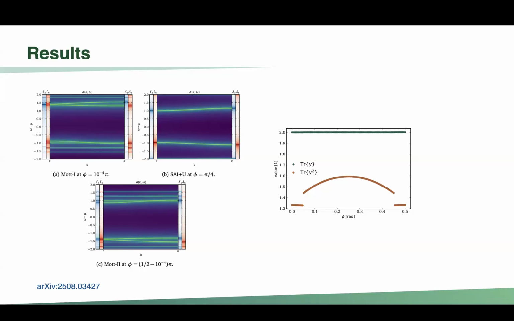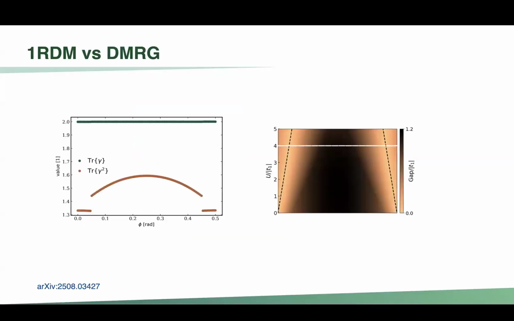And now, more interesting, if we analyze the trace of the density matrix and the square of the density matrix, we see that for the case of the mode, the contribution of the density matrix is way smaller than the case where we don't have the mode. And this can actually be compared, to make sure that we are right, with the DMRG calculations of the same model.